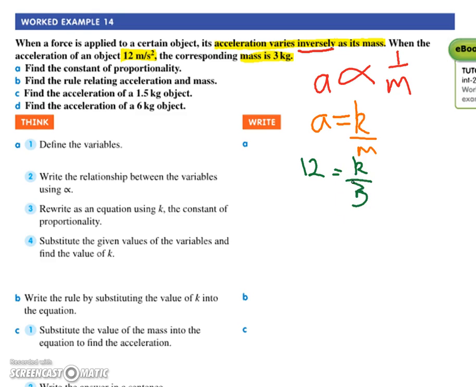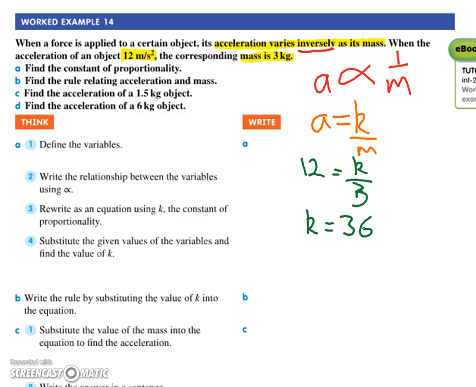And then we have to manipulate it so the K is on its own. We've got K divided by 3. How do we undo that? We multiply by 3. I'm hoping K equals 36 on most people's desks. Awesomeness. So we now have our constant of variation or our constant of proportionality or whatever you want to call it. We've got K.